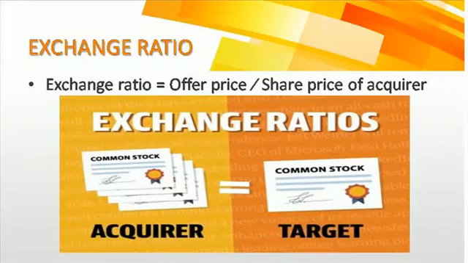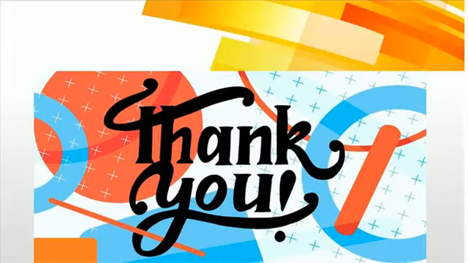The denominator will always consist of anything related to acquirer company shareholders. This formula is quite important for your sums, for your numericals. So this was all about the exchange ratio. Thank you for listening.